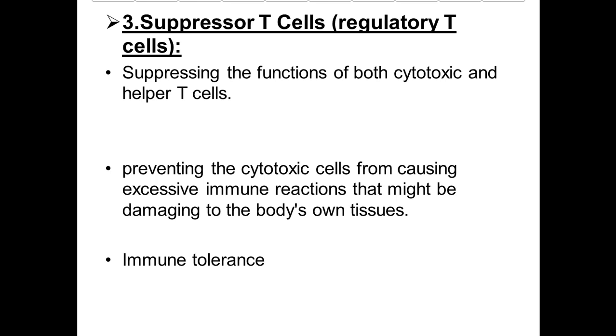Suppressor T cells are the regulatory T cells suppressing the function of both cytotoxic and helper T cells, preventing the cytotoxic cells from causing excessive immune reactions that might be damaging to the body's own tissues. So they have a role in immune tolerance.